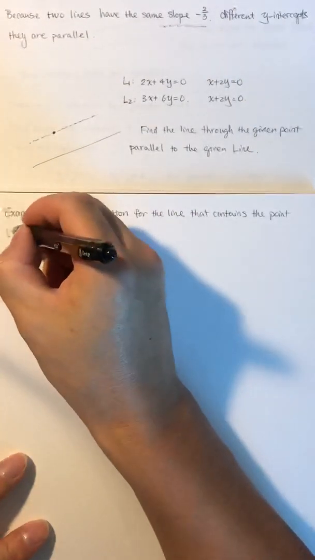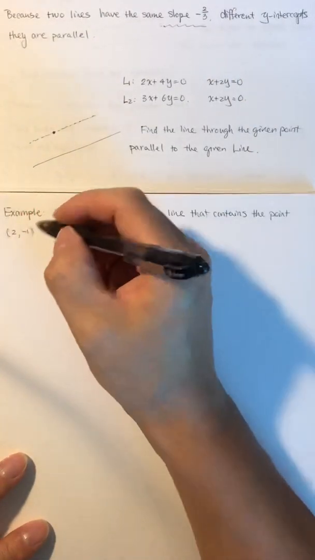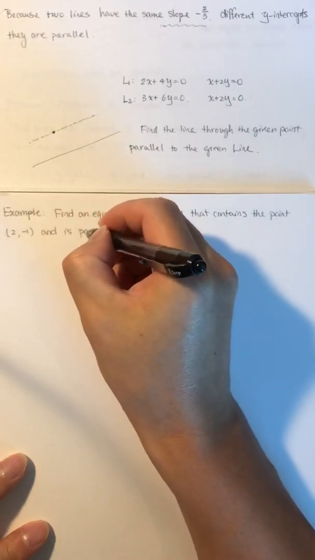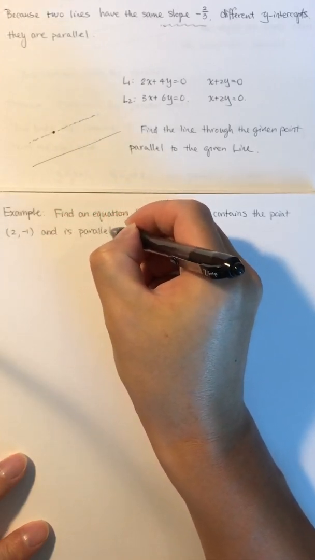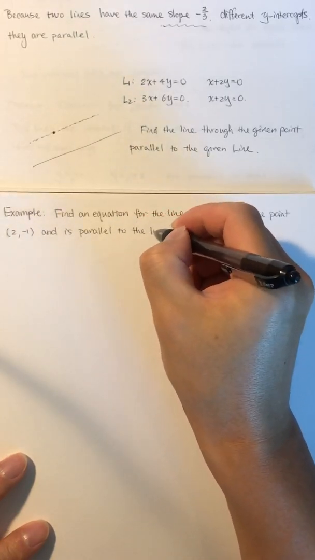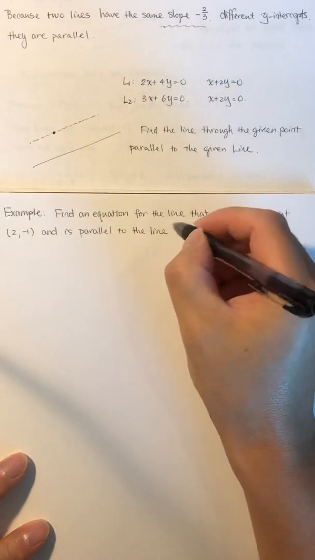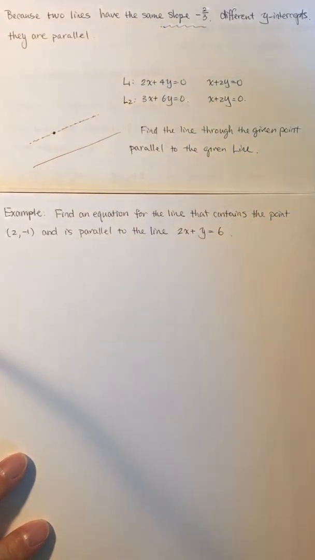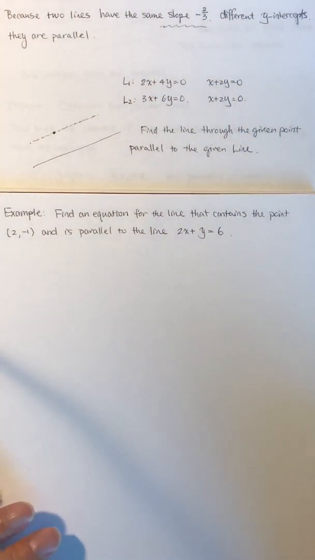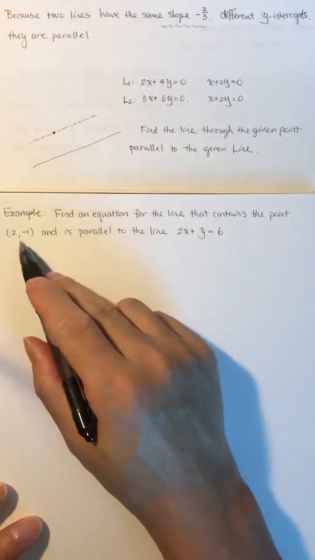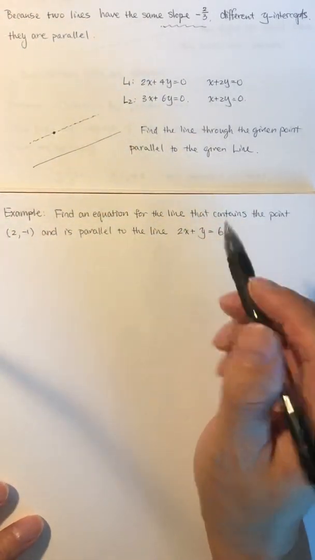Contains the point (2, -1), and is parallel to the line 2x plus y is equal to 6. Okay, so we're looking for the equation of a line through this point, parallel to the given line.